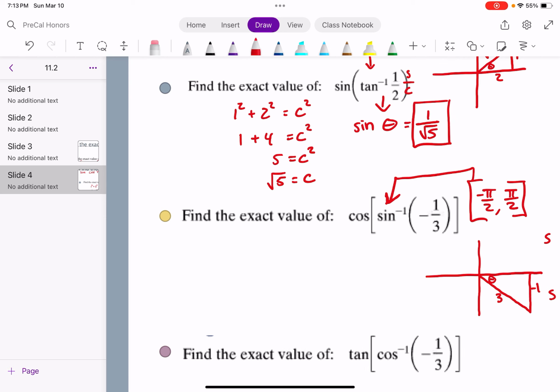In this case, -1 squared plus b squared is equal to 3 squared. 1 plus b squared is equal to 9. B squared is equal to 8. B is equal to square root of 8.